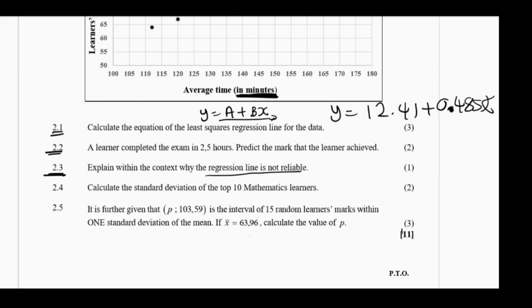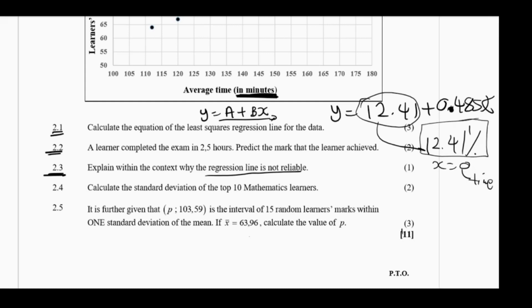When this is the intercept, right? It's 12.41%. So this means now that it's the y-intercept, sorry. It's the y-intercept where x is equal to 0. So at 0 time, the learner is supposed to get 12.41%, which is impossible, right?